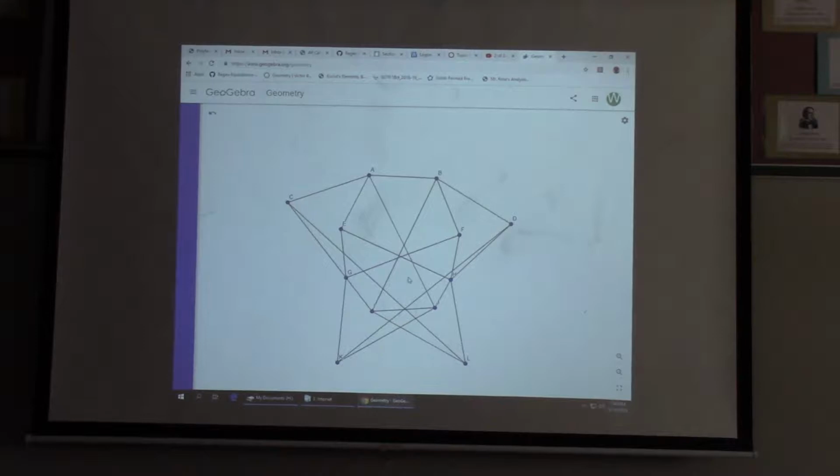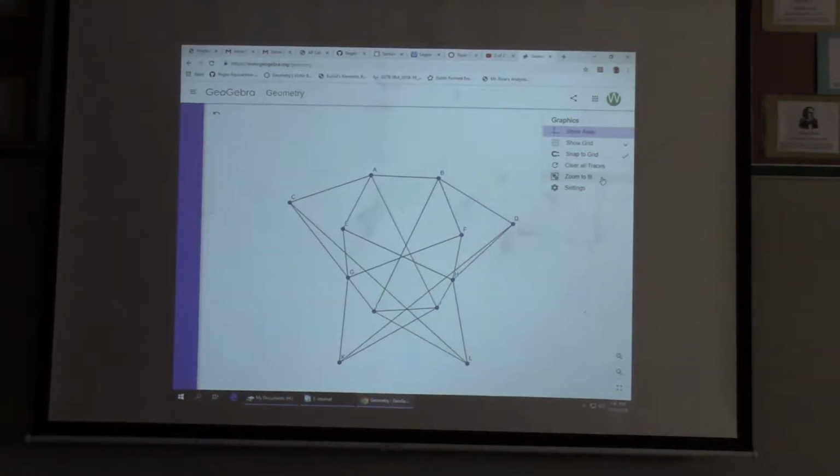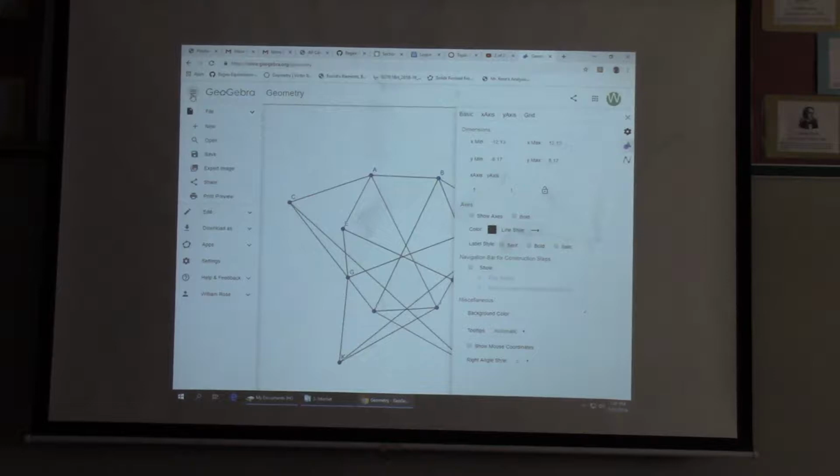Question, is it planar? Hard to tell. Wouldn't it be nice to be able to, how do I get this back? Oh man, I wish I hadn't done that. Where are my tools? Hey, where'd you go, tools?